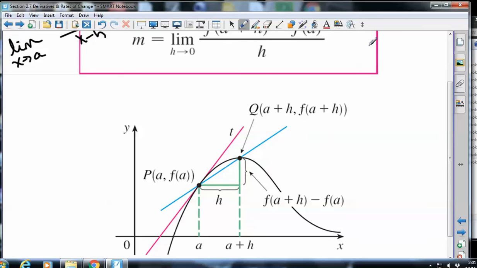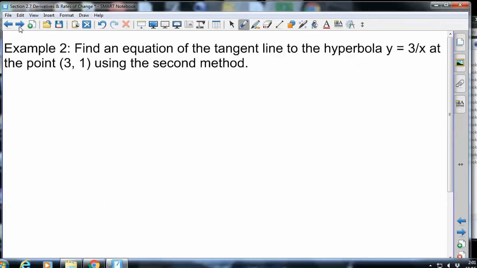This is the one that we will probably use more frequently, just because sometimes it's easier to cancel an h off the bottom than trying to get rid of an x minus something on the bottom. But really they're interchangeable, you could use either one. So we're going to try using both notations to do a problem.